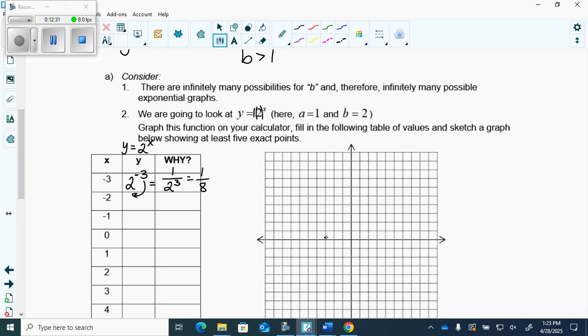Okay? Then let's look at negative 2. So y equals 2 to the x, so y is going to equal 2 to the negative 2, which is the same as 1 over 2 to the 2, which is the same as 1/4. So our next coordinate's at negative 2 and 0.25.